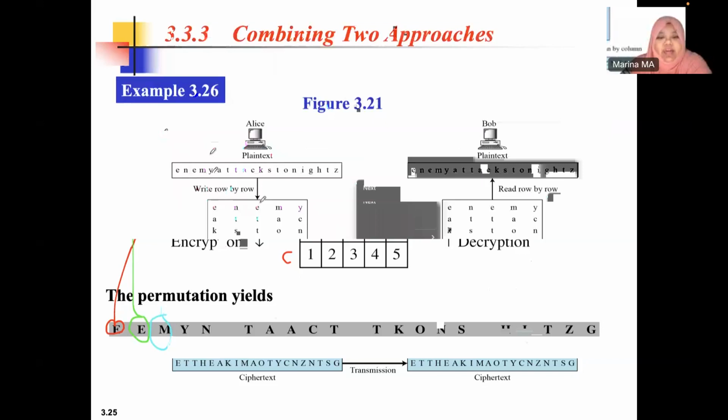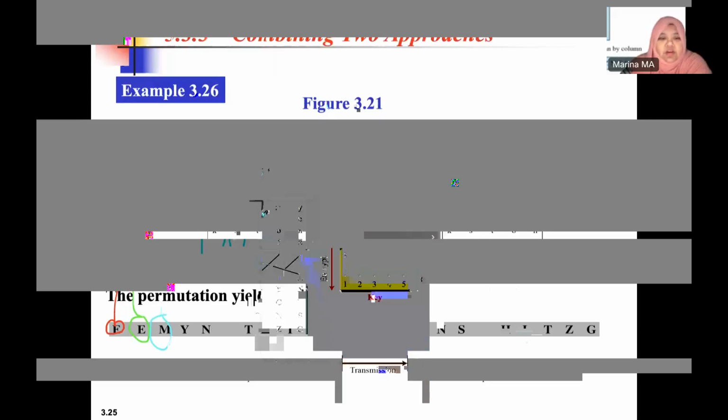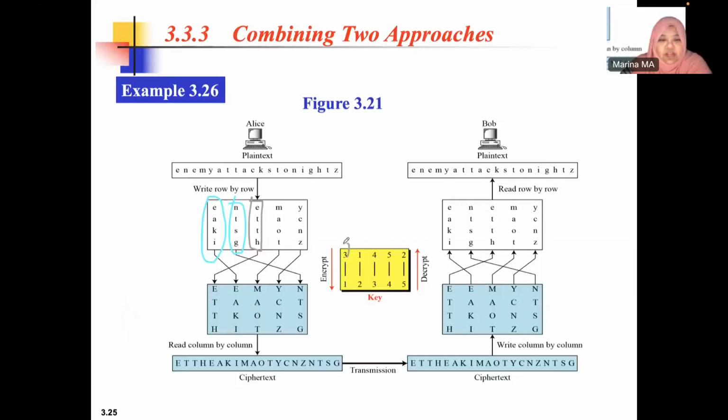So EAKI, the third column, ETTH, becomes the first column in the cipher.